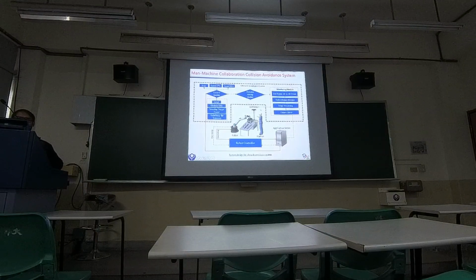So I can explain how the man-machine collaboration collision avoidance system works. There will be a scenario where the robot and a human have to work together. There will be a camera installed, and the robot arm is controlled through a robot controller, which goes to an application server.